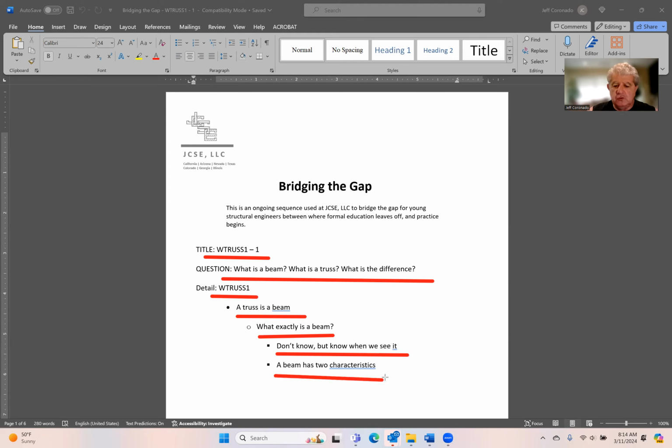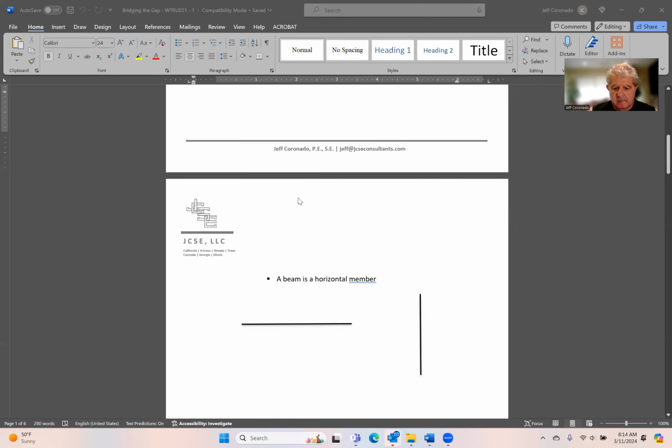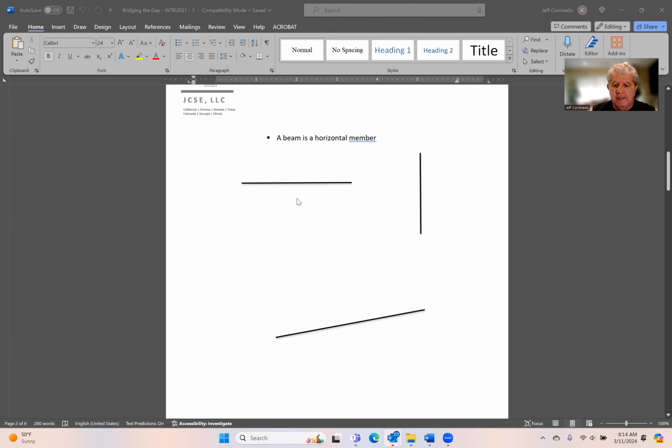A beam has two characteristics. The first is that a beam is a horizontal member. If we use these as schematic representations, would we agree that this is a beam? It's a horizontal member, so sure, that one is a beam. Is this one a beam?